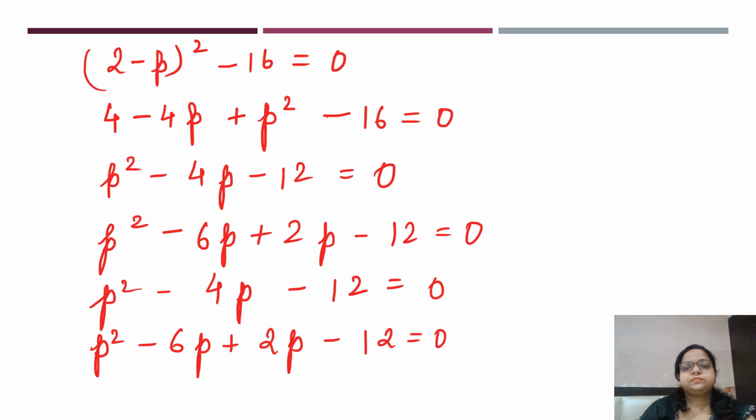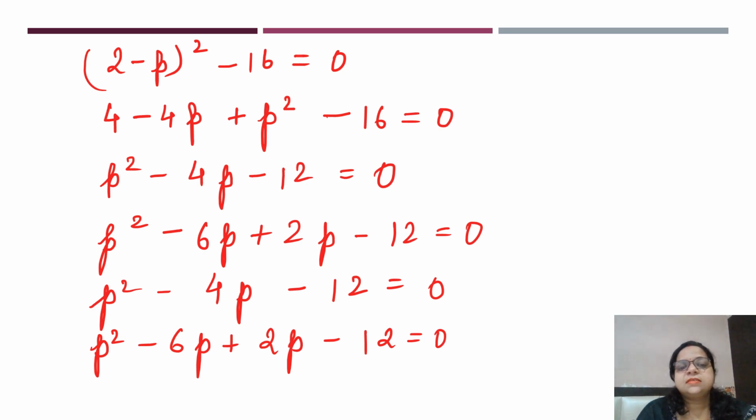So (2 minus p) the whole square minus 16 is equal to 0. If we open it using (a minus b) square is equal to a square minus 2ab plus b square, we get 4 minus 4p plus p square minus 16 is equal to 0. p square minus 4p minus 12 is equal to 0.